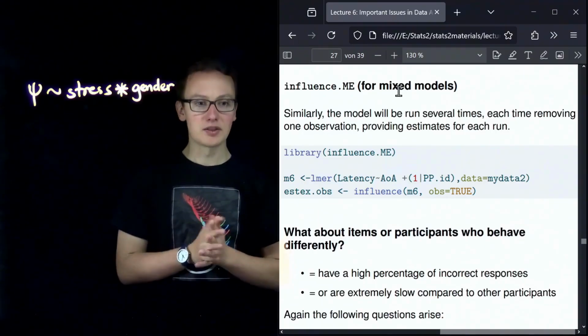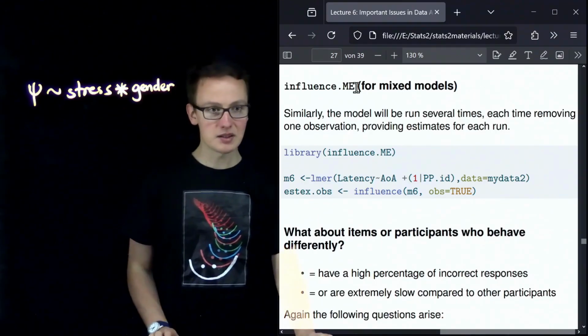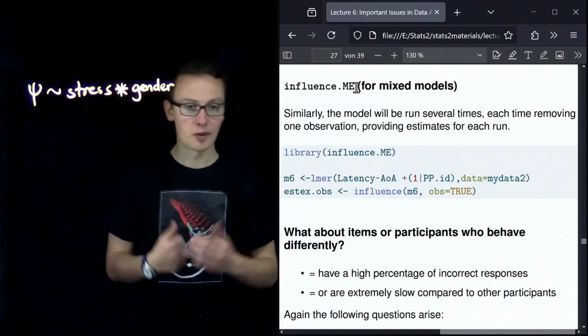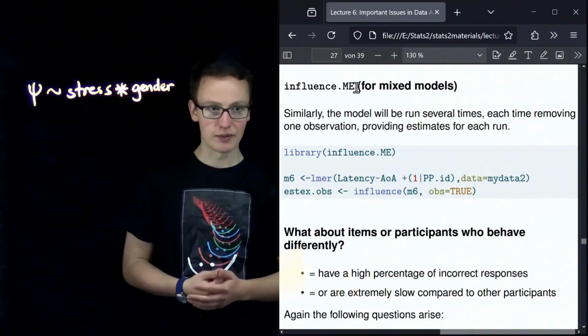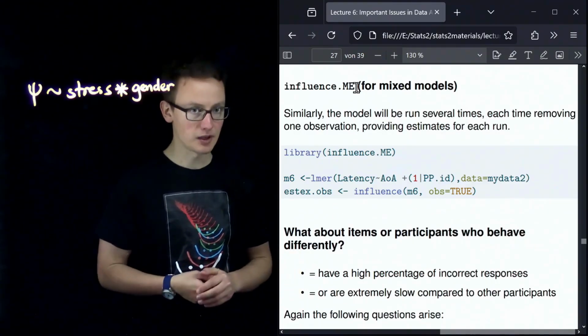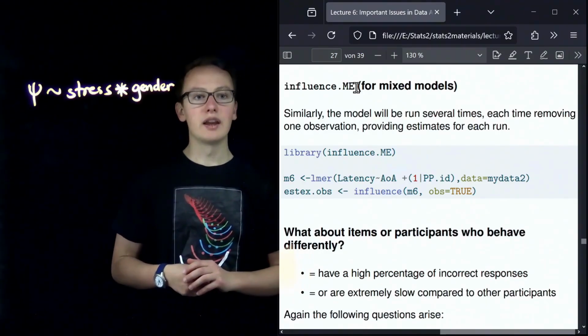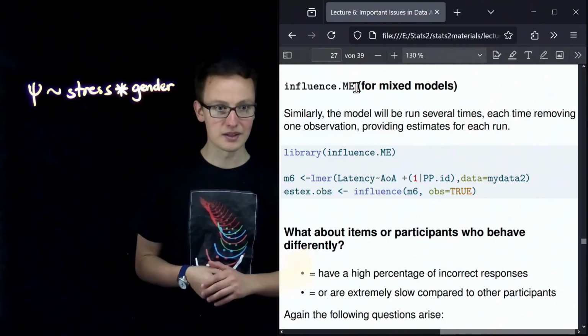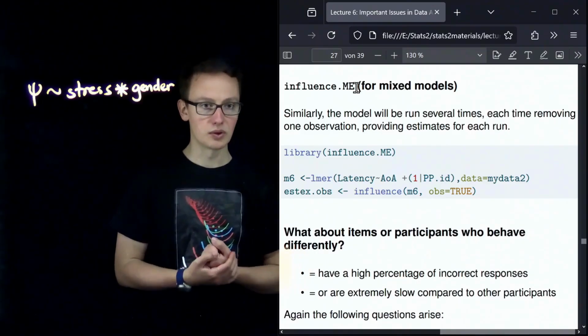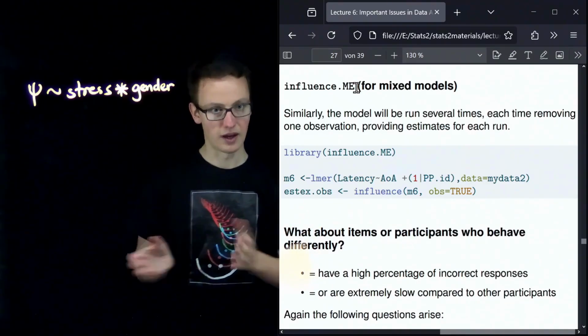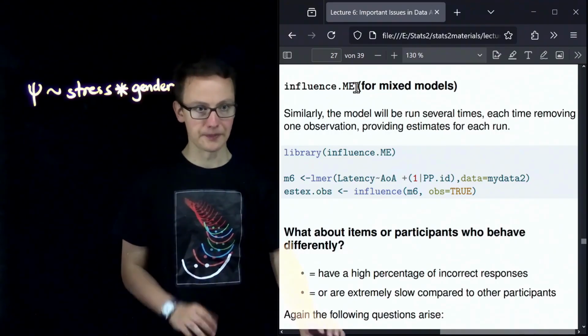The influence.ME package can also accommodate mixed models. If you fit a linear mixed model using lme4, using the lmer function, then you can use the influence.ME package to get things like Cook's distances or other metrics out of it, as we'll see now.